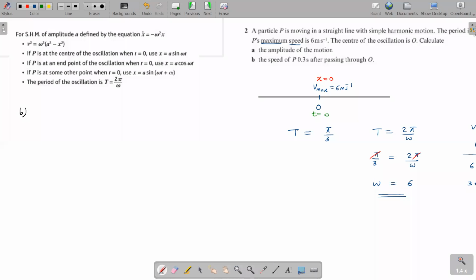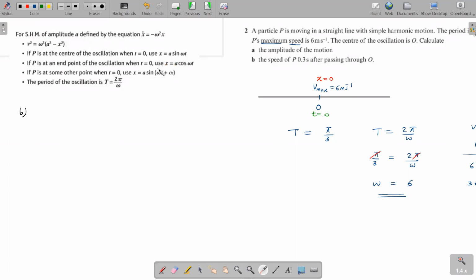So if you're at the origin, I think you can see there were two equations that they used over here to describe the displacement. These two equations are used with respect to where the particle is placed at the beginning. If your particle at time 0 is at the center of the oscillation, you are supposed to use x equals a sine omega t.